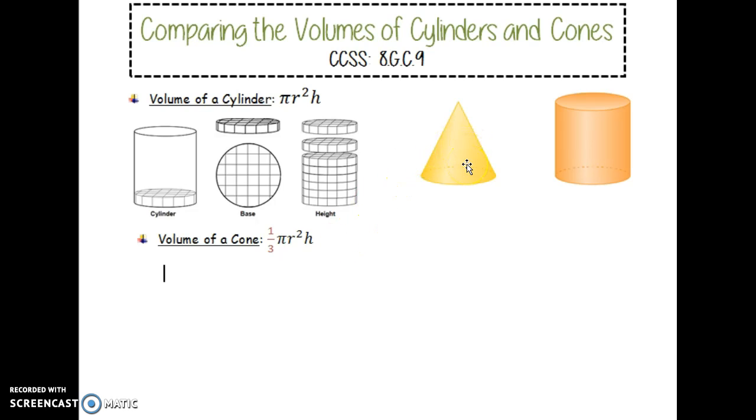So this relationship really works when the radius of the cone and the height of the cone and the cylinder are the same. So recall that a cone is made up of a circular base and a vertex.